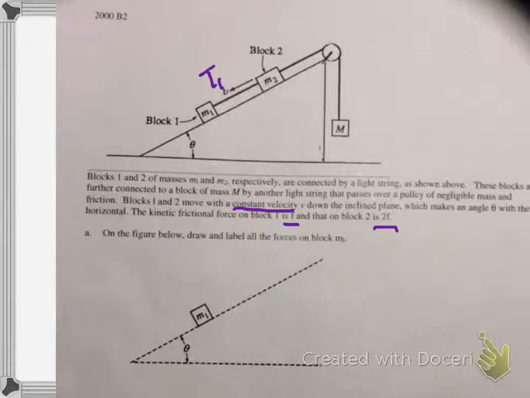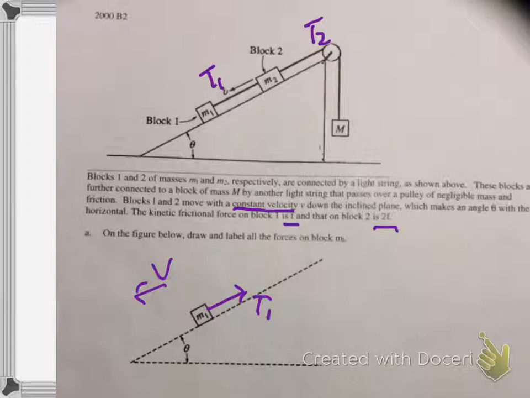Okay, so I'm going to label this T1, and I'm going to label this T2. And so I'm looking at the forces acting on M1. So we're going to have T1 up the plane. Okay, and now the velocity is down the ramp.